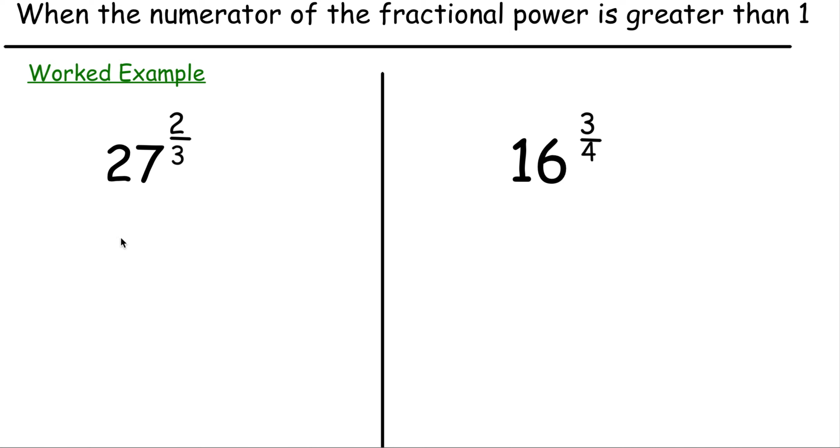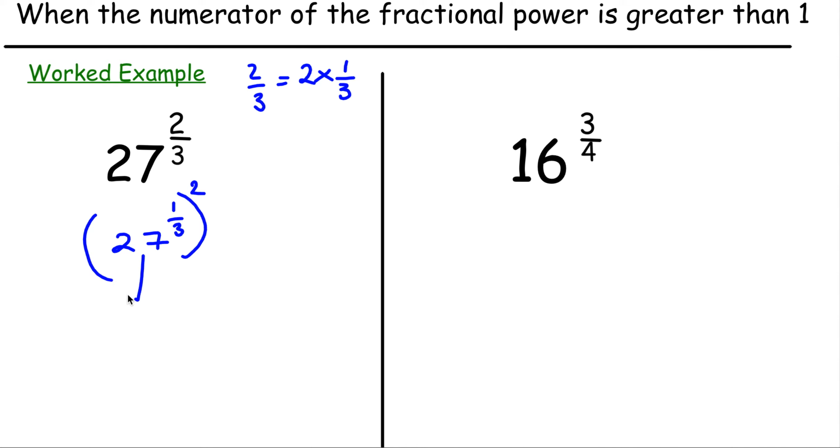So what it means is, if I take 27, I can split 2/3 into 2 lots of 1/3. So 2 times by 1/3 is 2/3. Now what I'm going to do, I'm going to put this fraction inside a bracket. So I'll surround the whole number with a bracket, and then I'll drop the 2 outside.